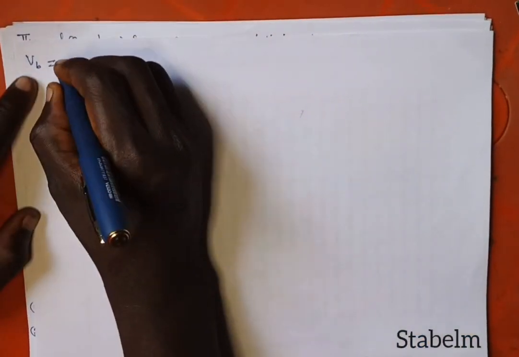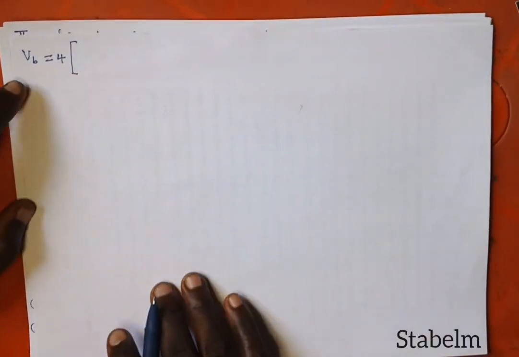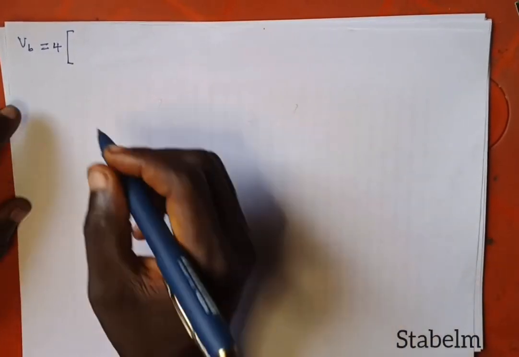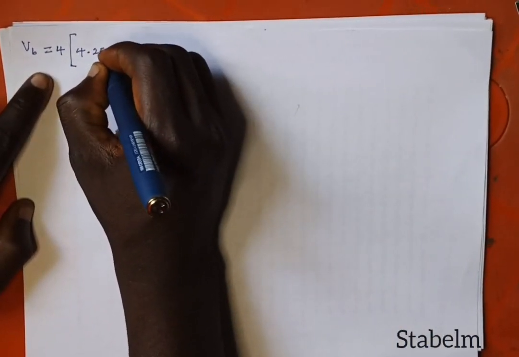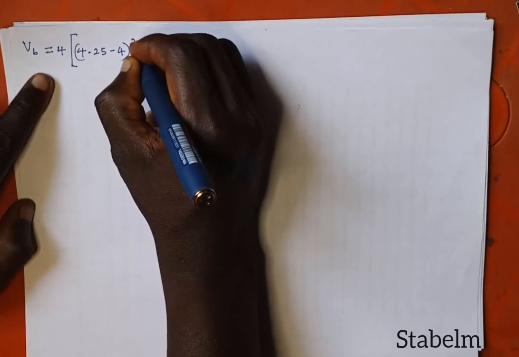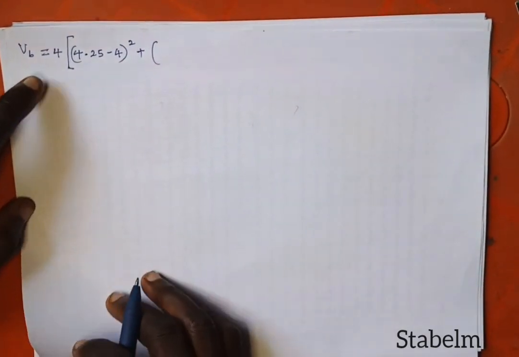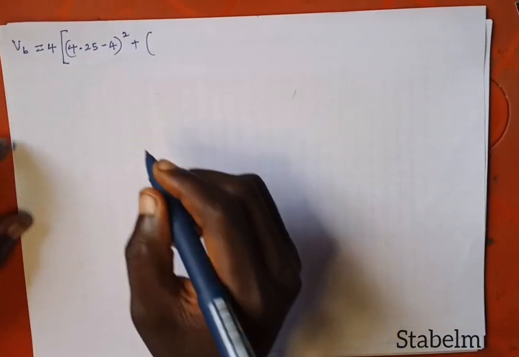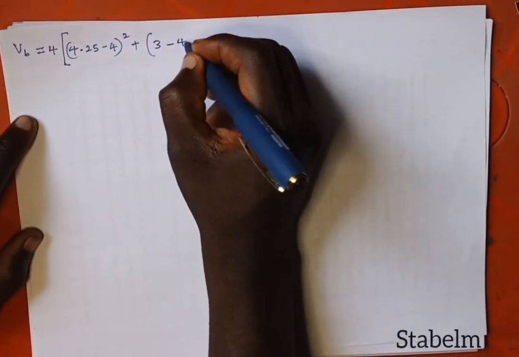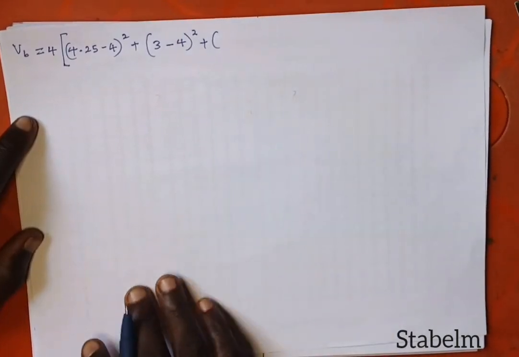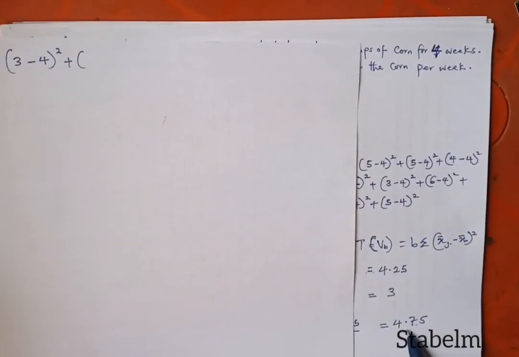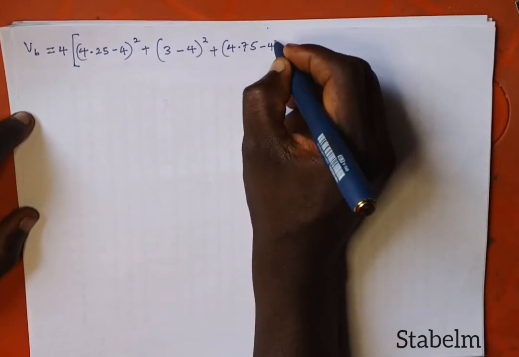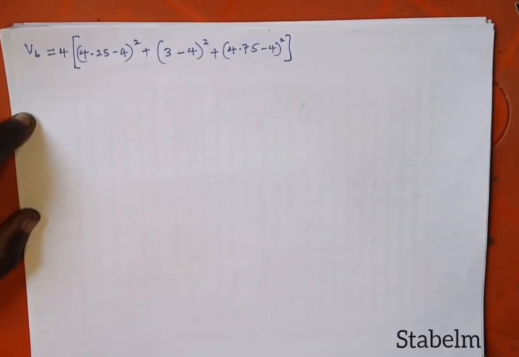So we have 4 into brackets x bar j, the first mean, which is 4.25 minus 4, squared, plus the second mean, which is 3 minus 4, squared, plus the last mean, which is 4.75 minus 4, squared. Then we close the bracket.